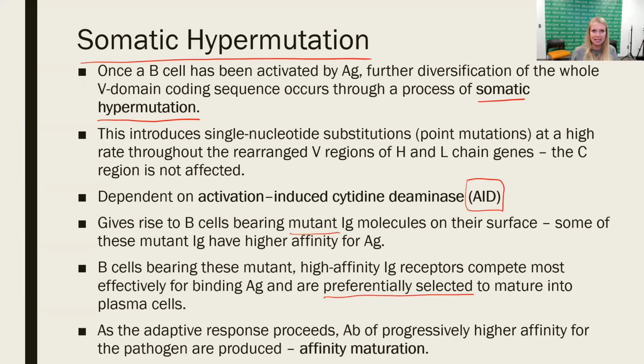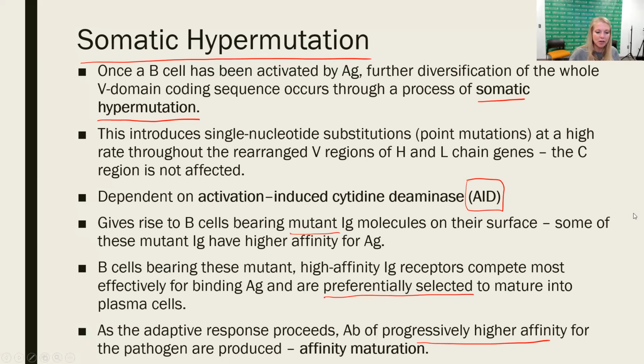And so as this response proceeds, the antibodies are just going to get better and better and progressively have a higher affinity. And we call this process affinity maturation, which is another good vocabulary word from this chapter.